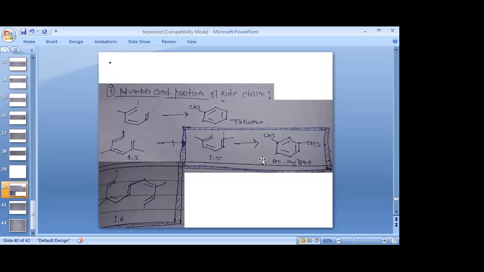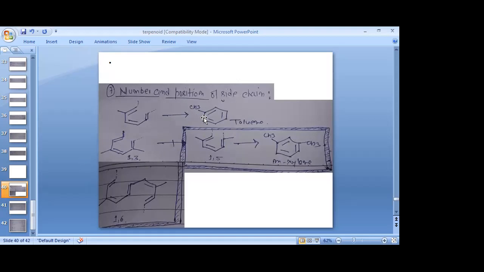Sometimes the product is toluene, the 1,3 combination, sometimes the product is metaxylene, and sometimes the product is 1,6-dimethyl naphthalene, right? So of these three products, one is toluene, that is formed from this compound. This compound converts into toluene, right?